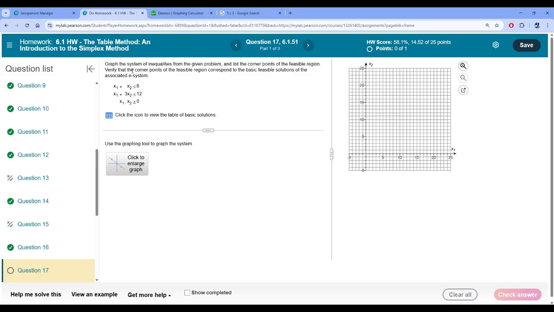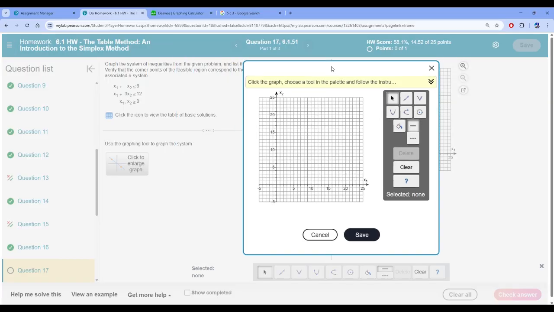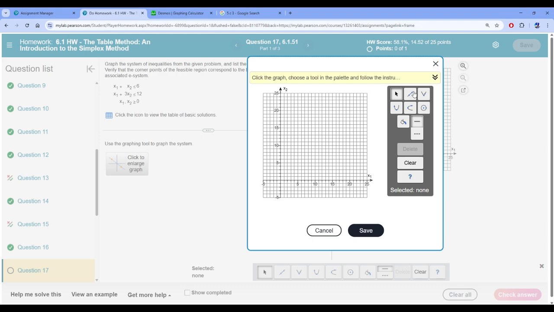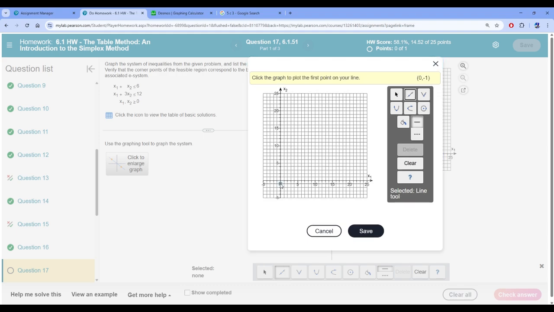Alright, so graph the system of inequalities, and then click the button. Alright, so let's blow this guy up. So here, x plus y is less than 6. So x1, y1 is less than 6. So here's x1, here's y1, and then let's strictly go less than.